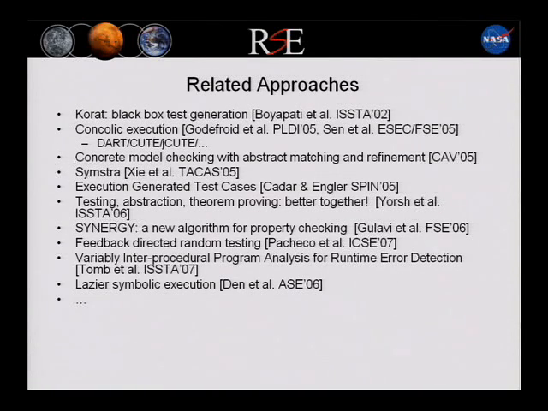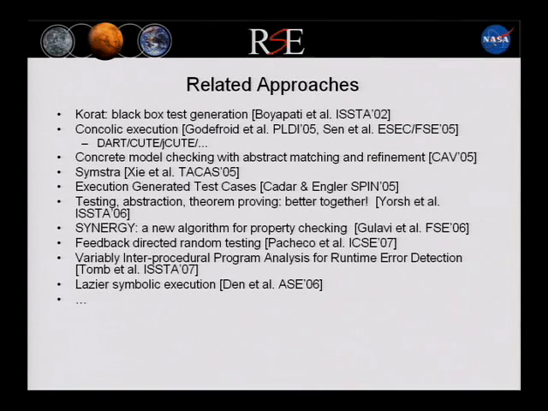Then there is another popular trend which performs so-called concolic execution. The idea is that you run a program on some concrete inputs, and during that concrete execution you also gather the symbolic constraints. So you do a symbolic execution analysis along one path.